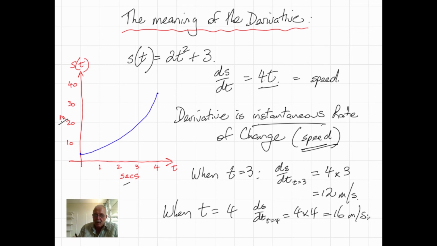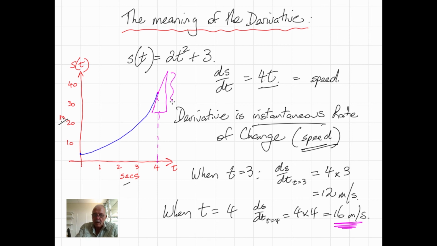All right. Another way to look at it is if I was to draw the tangent at 4. So given that this curve here is going to rise quite steeply, that might be the tangent. 16 is the rise divided by the run, if that is the tangent at that point there when t is equal to 4.